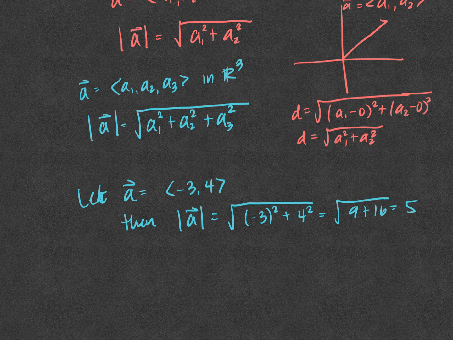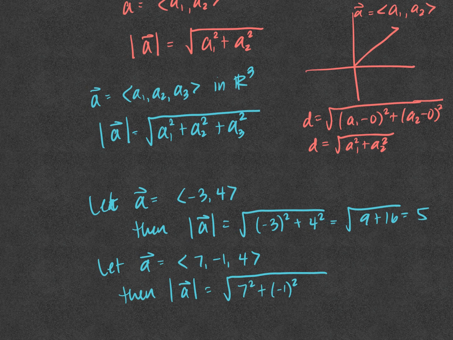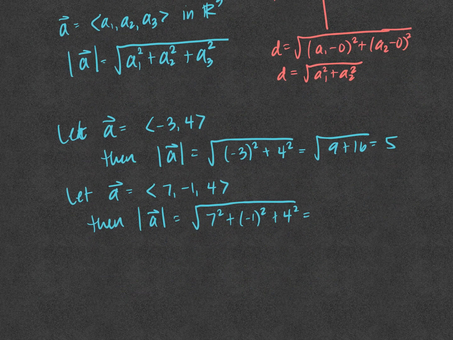All right, so then let's let A be in 3 space. Let's say 7, negative 1, 4. Then the length of A is equal to the square root of 7 squared plus negative 1 squared plus 4 squared. I'm sorry, I'm not sure why my screen is moving.